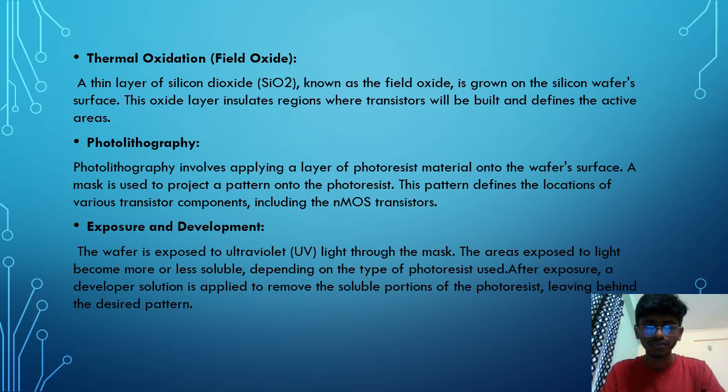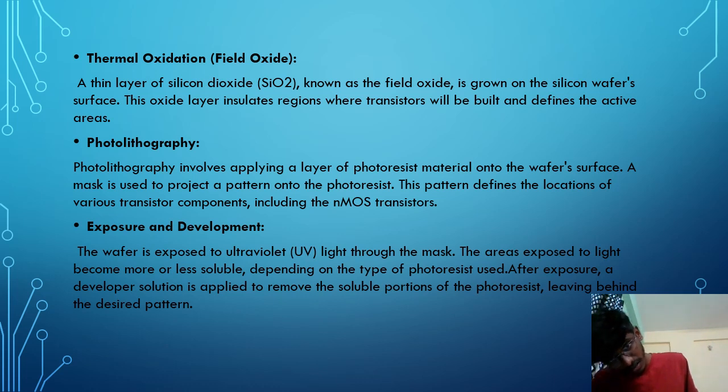A thin layer of silicon dioxide, SiO2, known as field oxide, is grown on the silicon wafer surface. The oxide layer isolates regions where transistors will be built and defines the active areas.